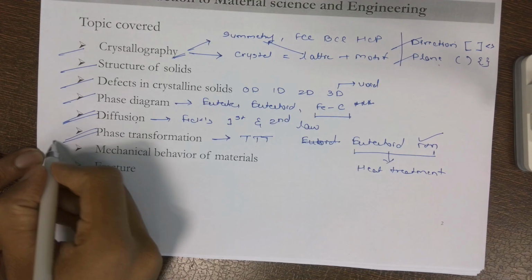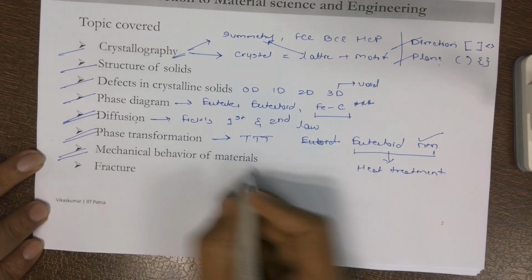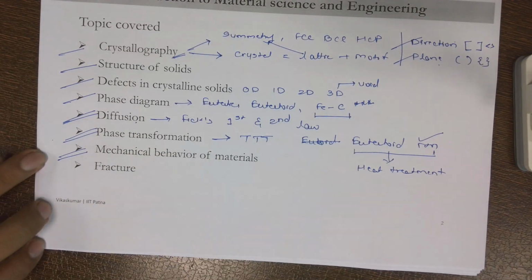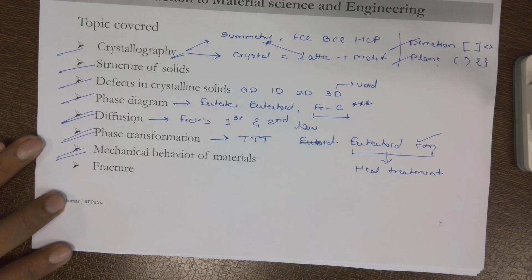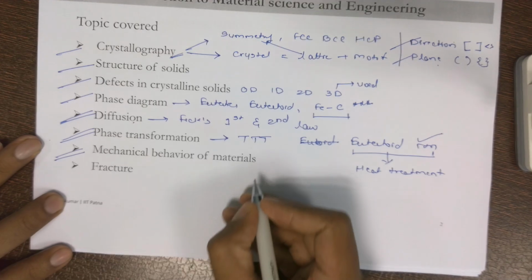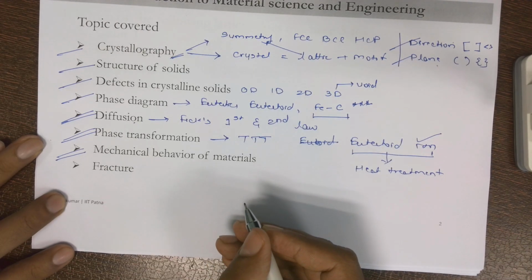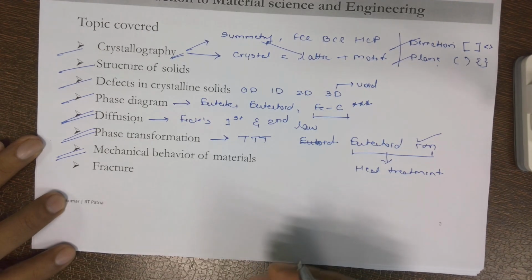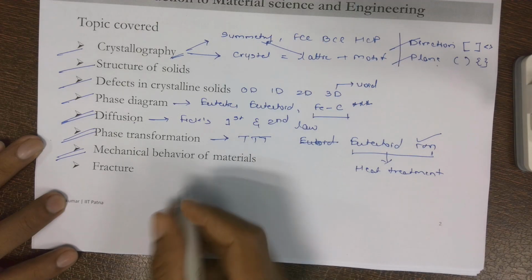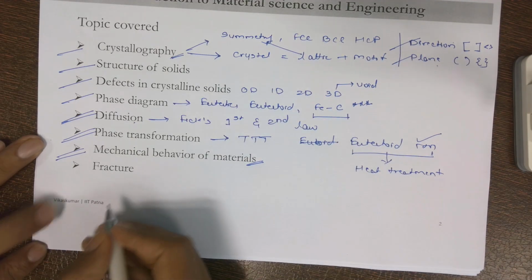After the phase diagrams, we went through the mechanical behavior of materials. There we discussed slip planes, slip directions, and how dislocations behave. We also discussed Schmid's law and Schmid factor.